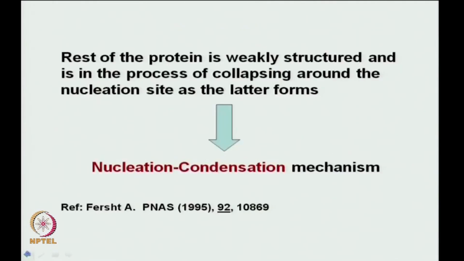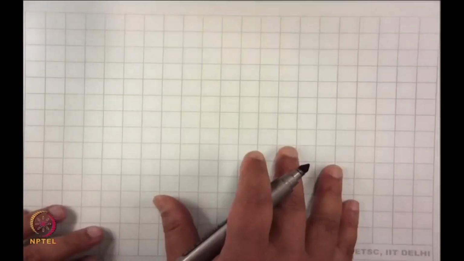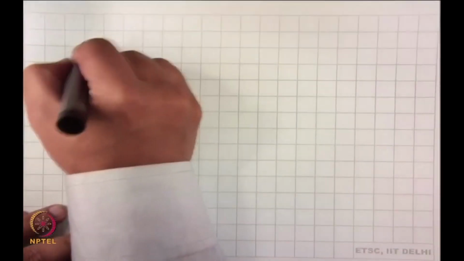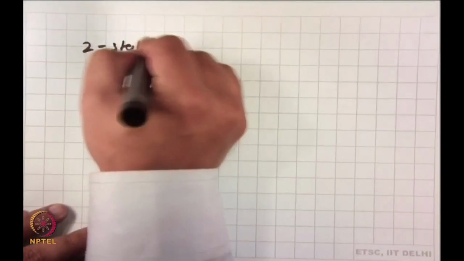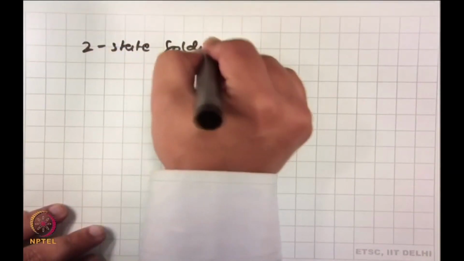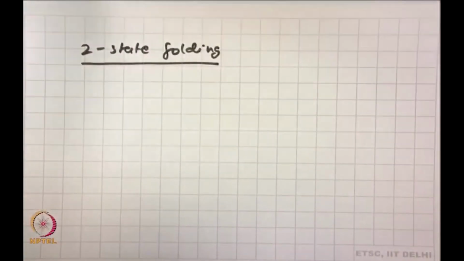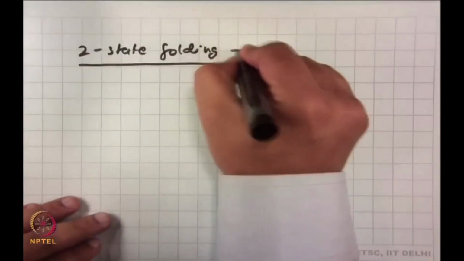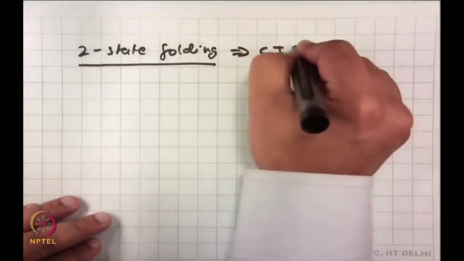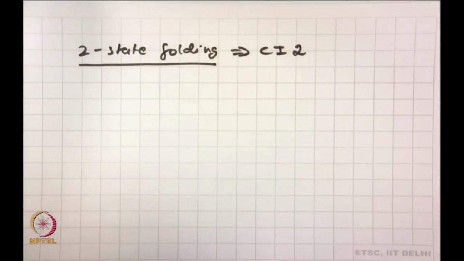Okay. Now, before going further, I do not think I will be able to come to that in this class, but let us try to think about this. I am talking about a two state folding, in this case for chymotrypsin inhibitor 2.